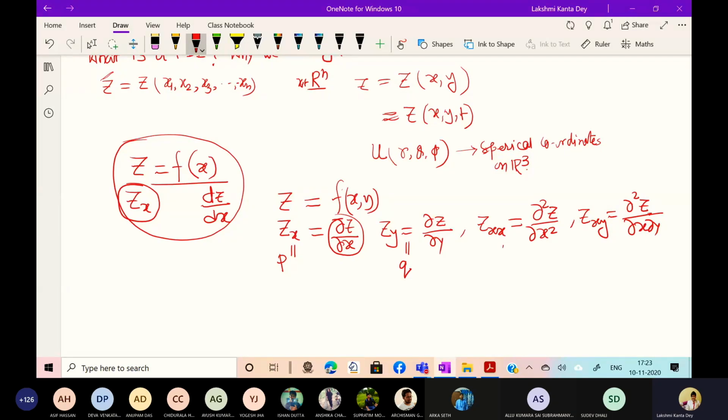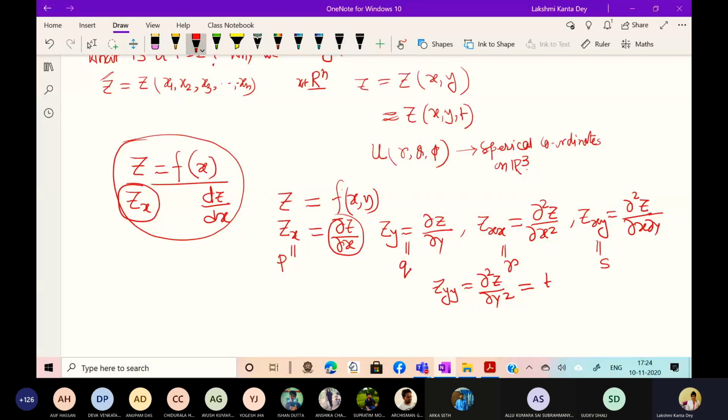This is r, this is s, and zyy, that is del 2 z del y2, is denoted as t. These are the standard notations, small p, q, r, s, and t.